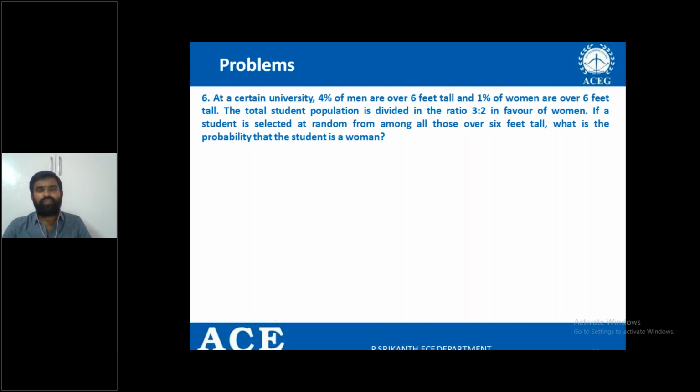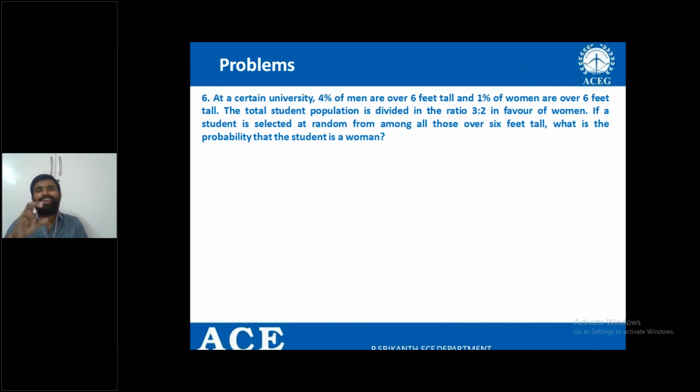If I take 300, it is easier to understand. In 300, the ratio 3:2 means 180 are female students and 120 are male students. Out of which 4%, that is 4 times 3, is 12. 12 men are 6 feet tall, and 1% means 3 women are 6 feet tall.